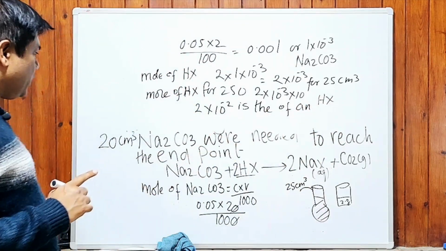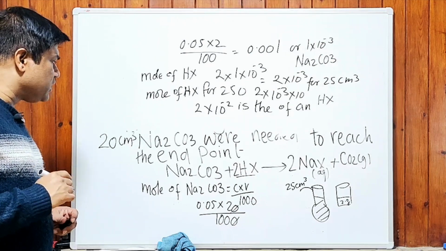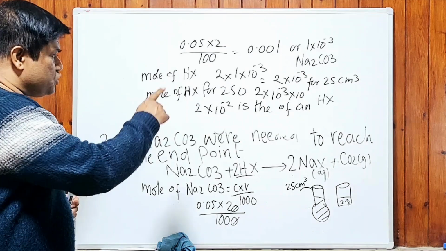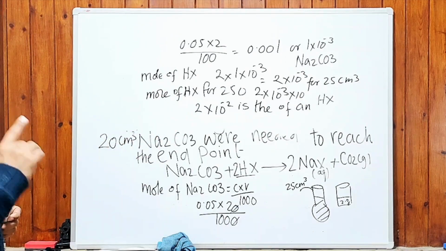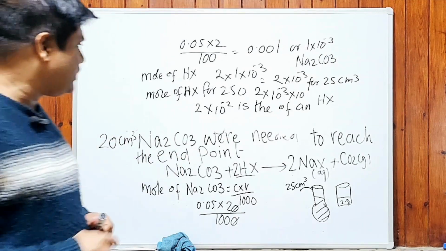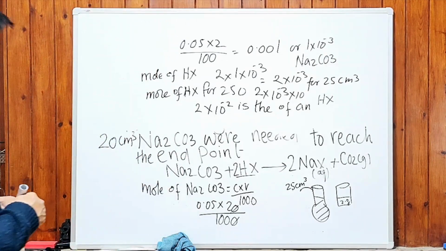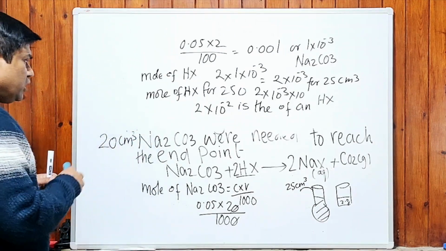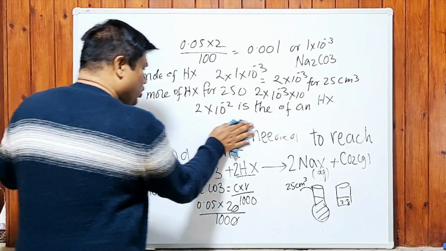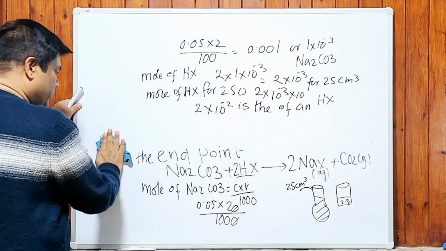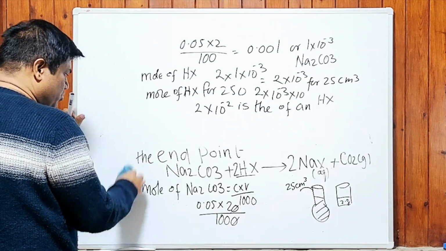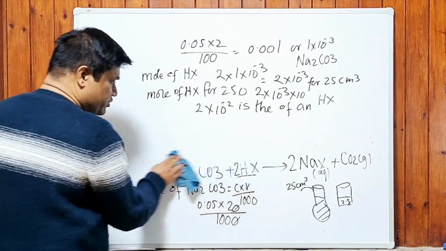From that mole, can we work out its MR? Yes, we can. 2.8 gram of the acid was used by the student to make 250 centimeter cube of the solution. How can we work out the mole in terms of the mass?